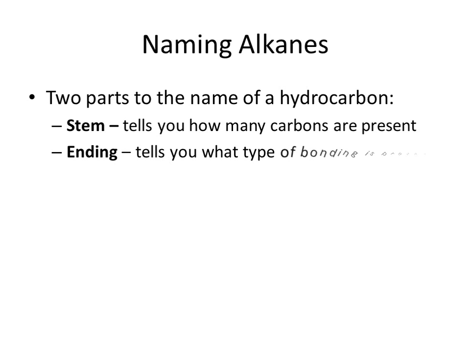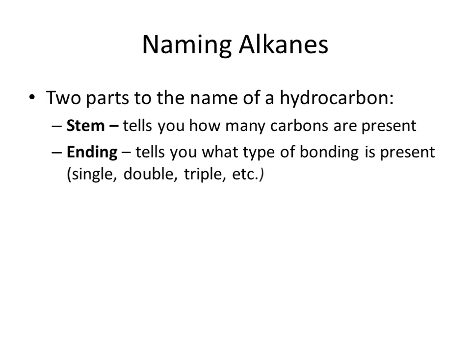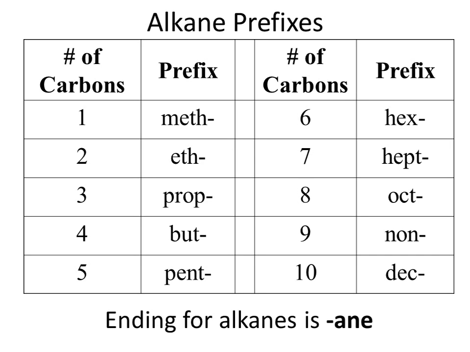The ending of the name gives you a clue as to what kind of bonding is present, whether it's single bonding, double bonding, or triple bonding. And seeing as how we're talking about the alkanes, we've already said that the alkanes consist only of single bonds. So the first part of the alkane's name is going to tell you how many carbons are present.